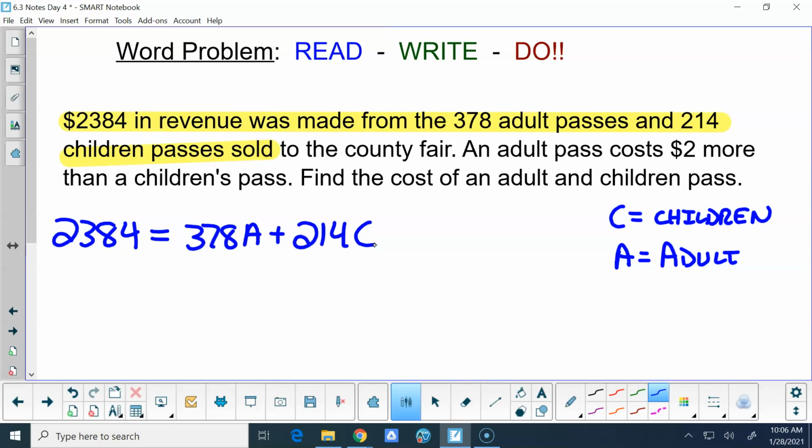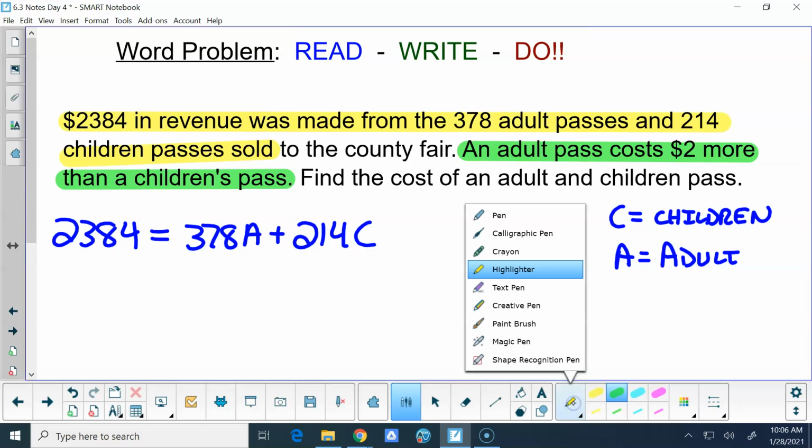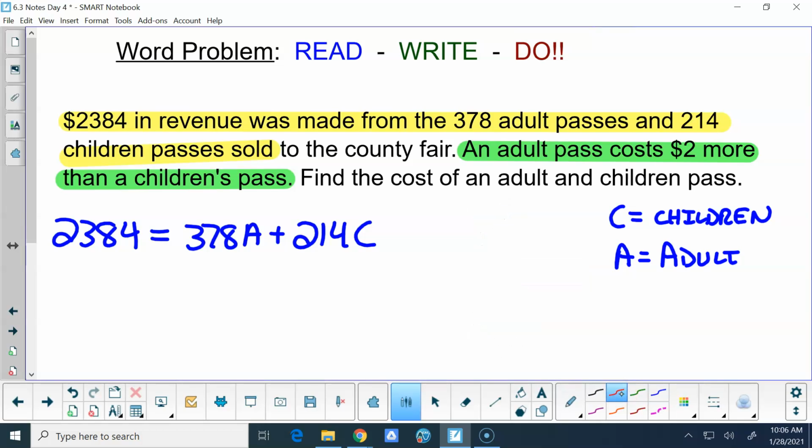Then the next sentence says an adult pass costs $2 more than a children's pass. So we've made our system of equations.